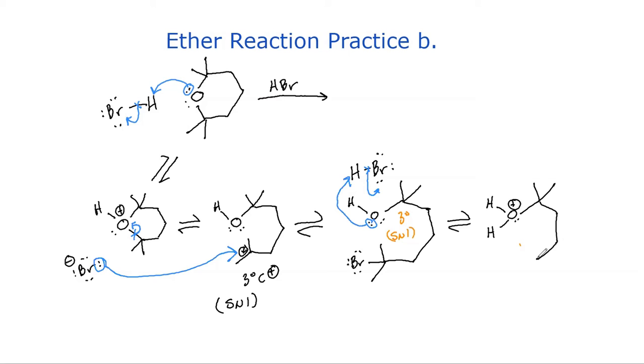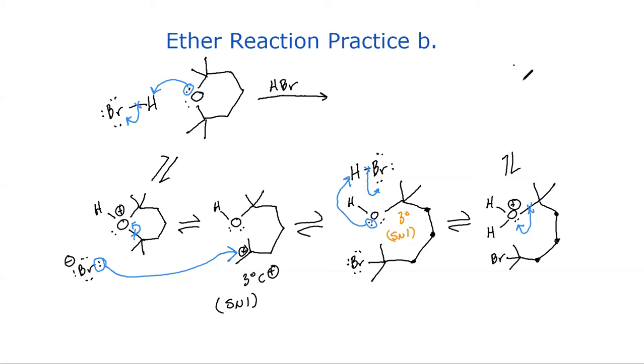broke up. Now let's make sure, as we're redrawing our ring, that we have the right number of carbons. So our tertiary carbon, then 1, 2, 3, and then our second tertiary carbon, 1, 2, 3. So it's easy in this case to miss a carbon. Now that we've prepared our leaving group, we can break away that leaving group to give us our carbocation.